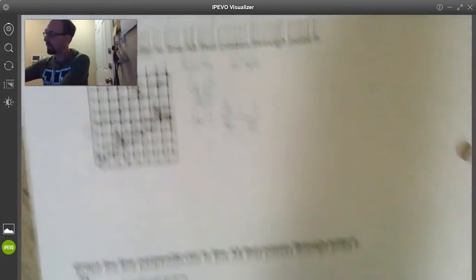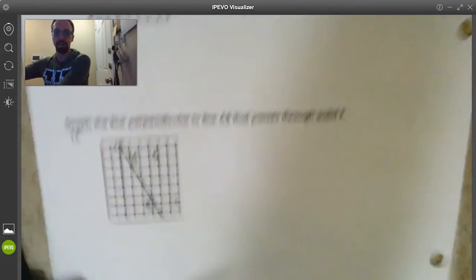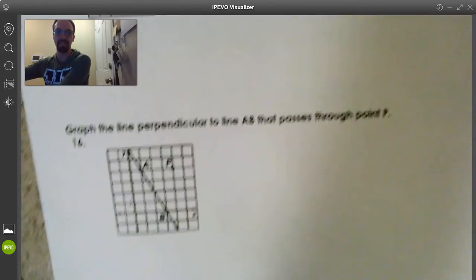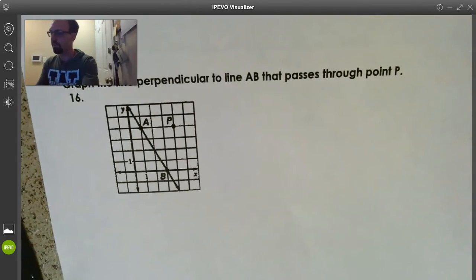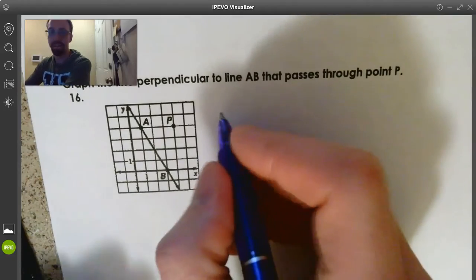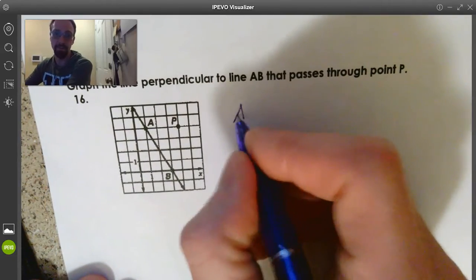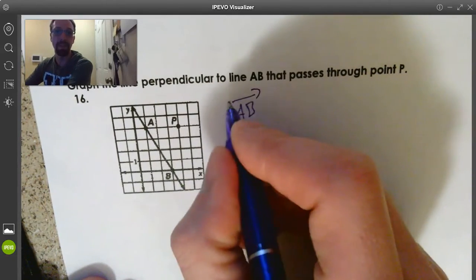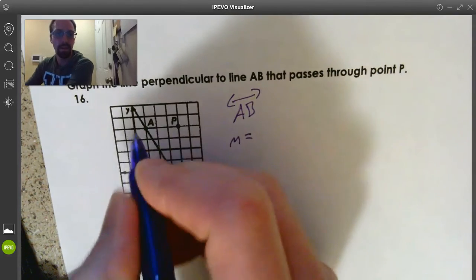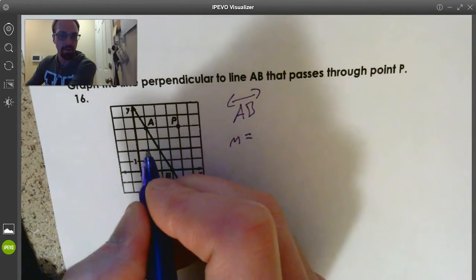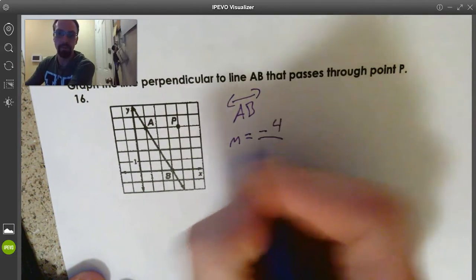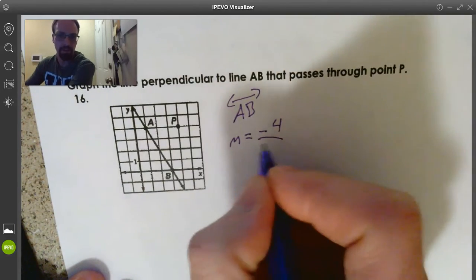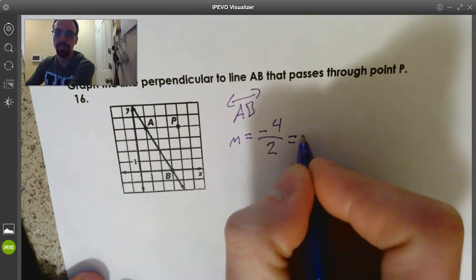Now, if I want to do one that's perpendicular, then I need to do opposite reciprocals. So a little bit different. For this one, I still need to find the slope of AB first. So let's see, that's down 1, 2, 3, 4, down 4. So -4. And then I run 1, 2. So that's going to be -2.